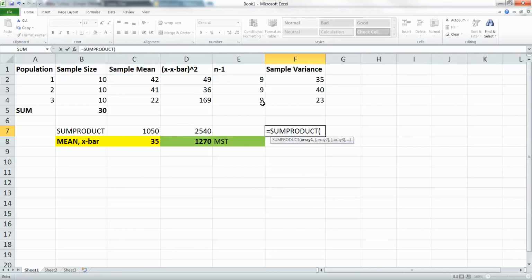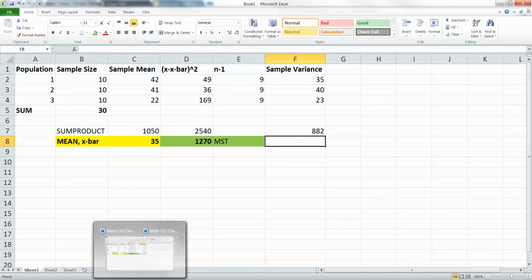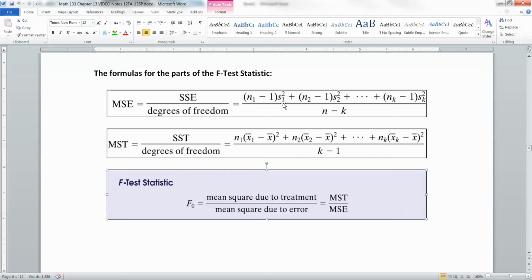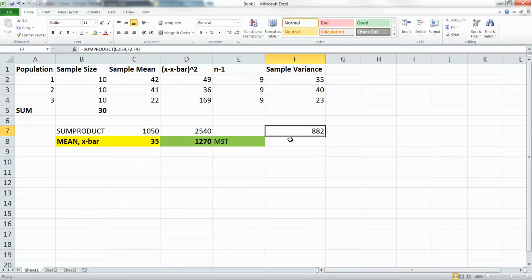And what I want to do is take these new ones I just found, that array, times these variances, right? Let me just show you that that works. That's what you're doing: you're taking the n1 minus 1, that was 10 minus 1, that's 9, times that first s squared, and then you add it to the next. That sum product formula does it all for you.